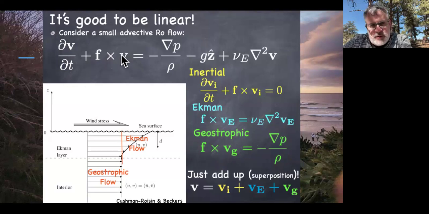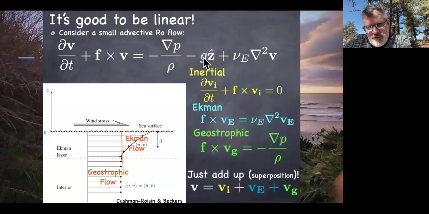Well, there are two other parts of the Coriolis term, this one and this one, but this one conveniently balances the friction. And this one conveniently balances the pressure gradient. The gravity is in the vertical. All of these are horizontal processes, so these are horizontal momentum balances.